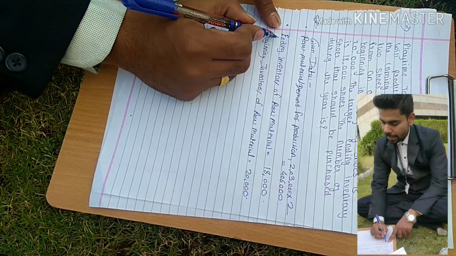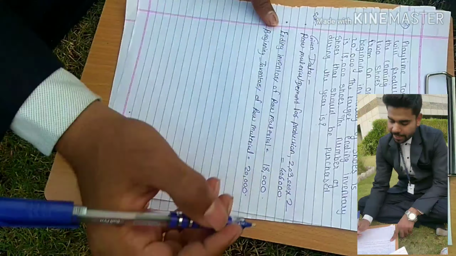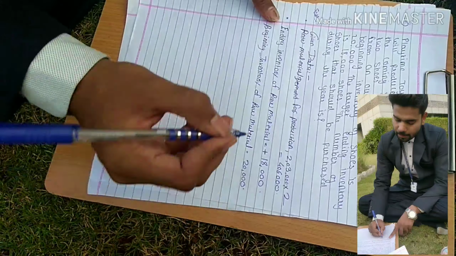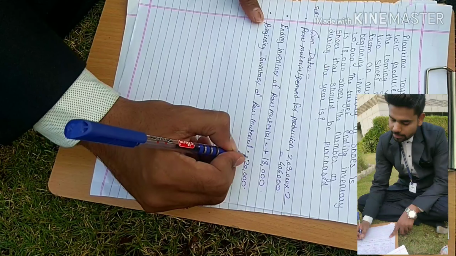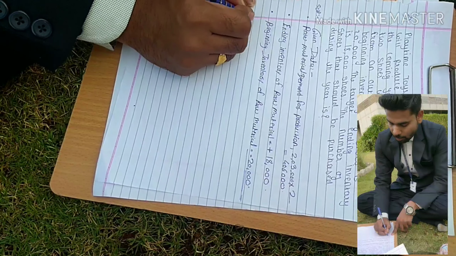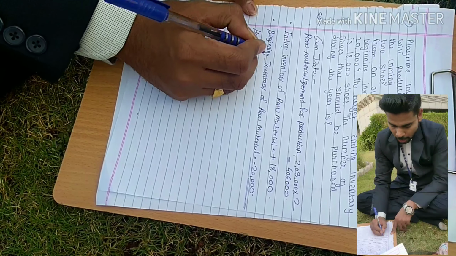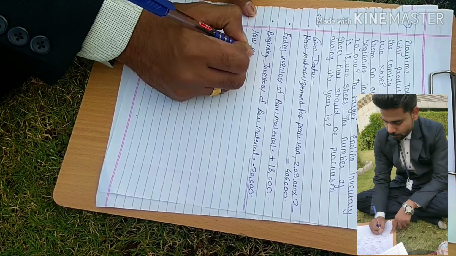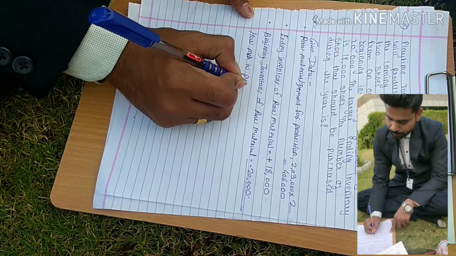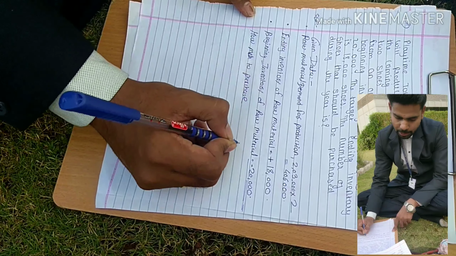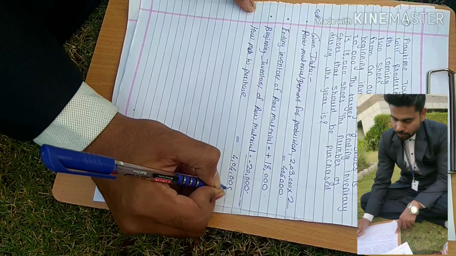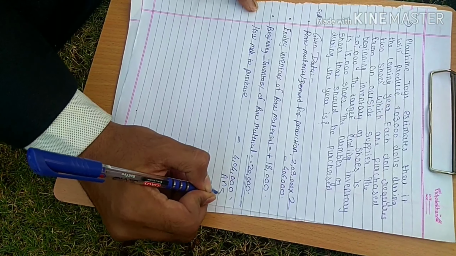As per the previous numerical, we know that the ending inventory of raw material we will add, and the beginning inventory of raw material we will subtract from the previous amount. As we are asked how much to purchase, when we calculate this amount, we get 4,04,000. So this is our final answer.